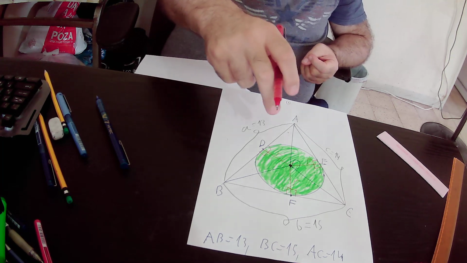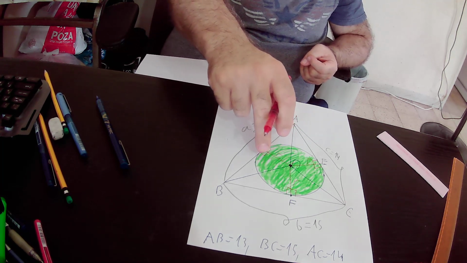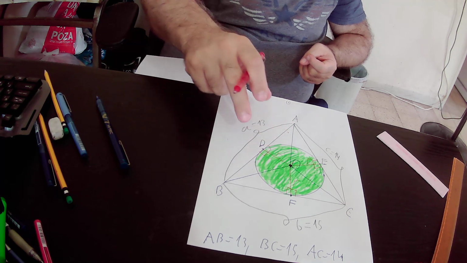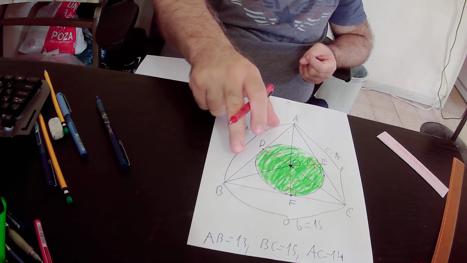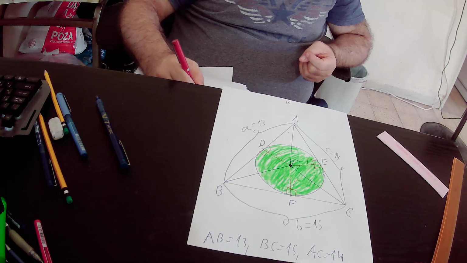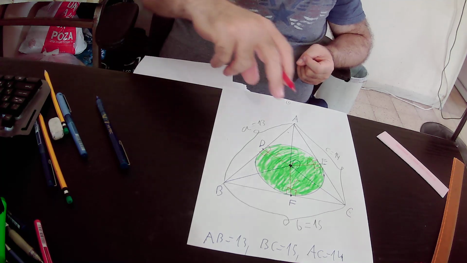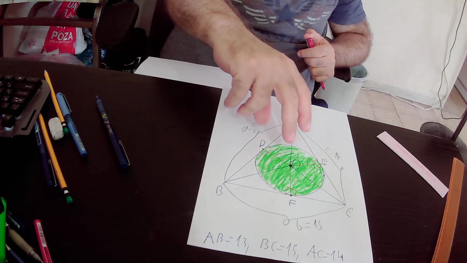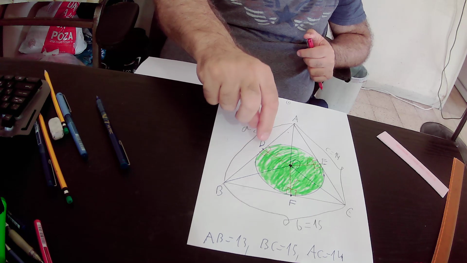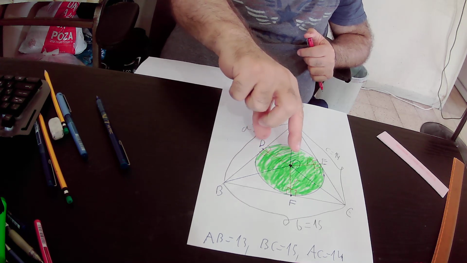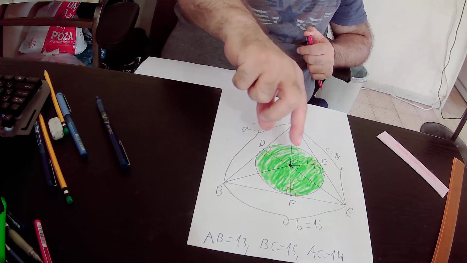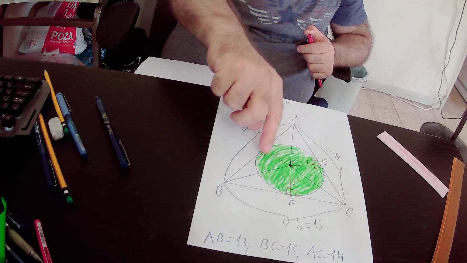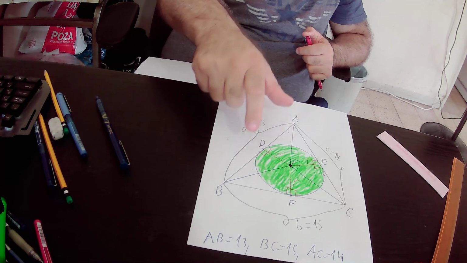So the area of triangle AOB is the base AB times the height to the base. You should remember that the height to the base must create 90 degrees with the base, and as you can see from the drawing, the radius creates 90 degrees with the base AB.